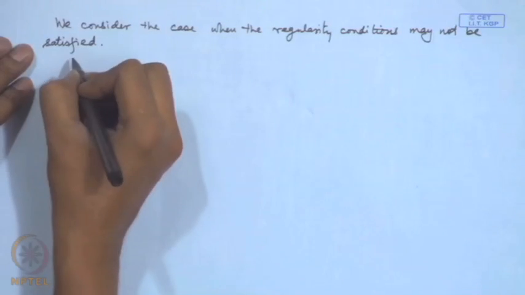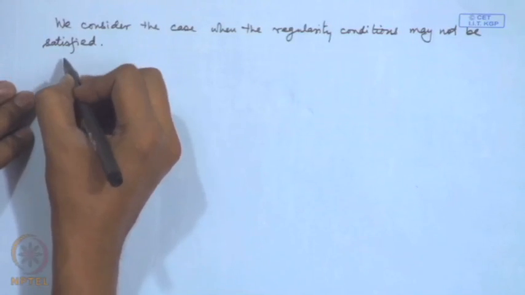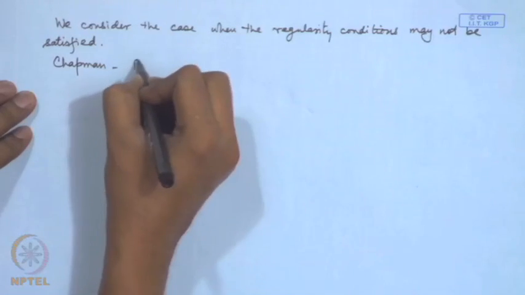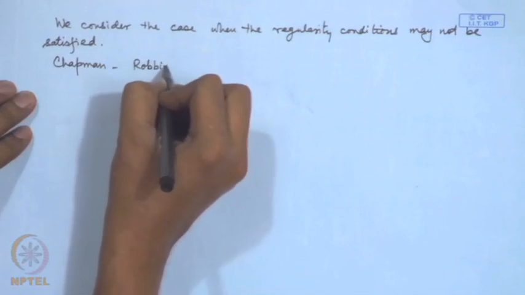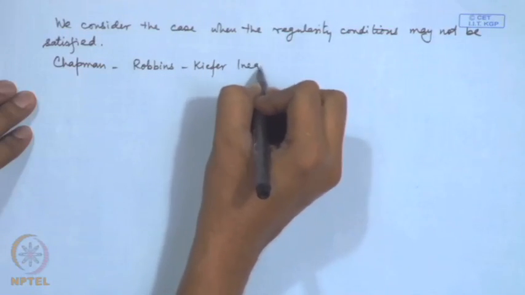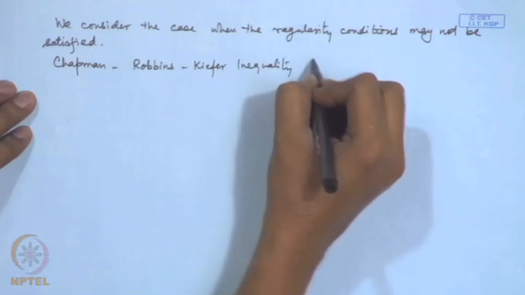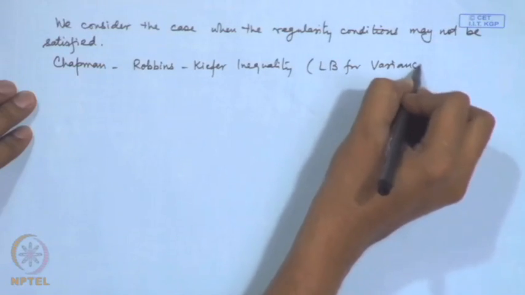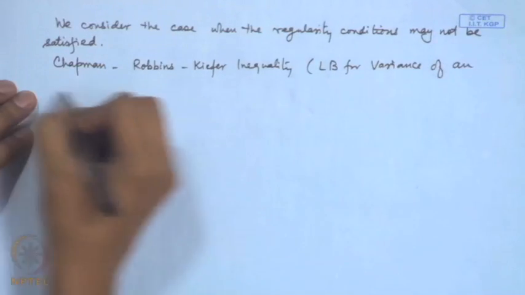So, we have the so called Chapman-Robbins and Kiefer inequality, or lower bound for variance of an unbiased estimator.